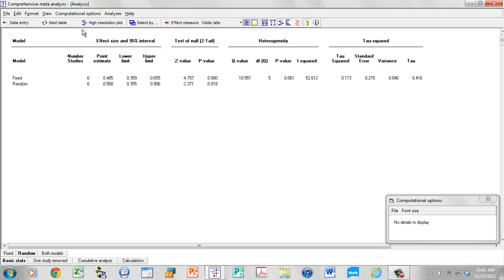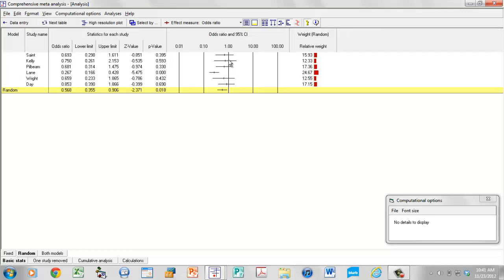Tau squared: if we come back again, we could compute the standard deviation of these effect sizes, how much they vary one from the next, and we can compute the variance of these effect sizes. But that's not a terribly informative number, because that variance represents the variance in the observed effect sizes, and what we really care about is the variance in the true effect sizes.